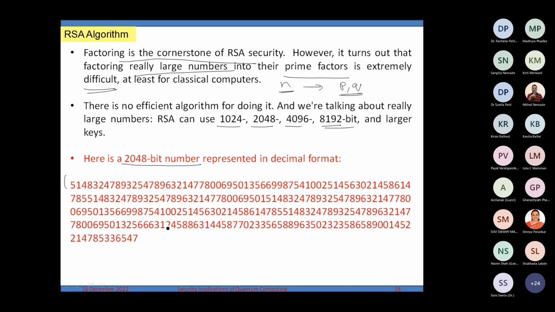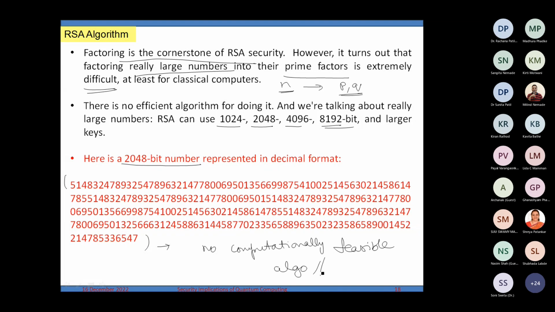This is one particular number. Now, how do you find the prime factors of it using a conventional computer? There is no computationally feasible algorithm for this particular purpose.